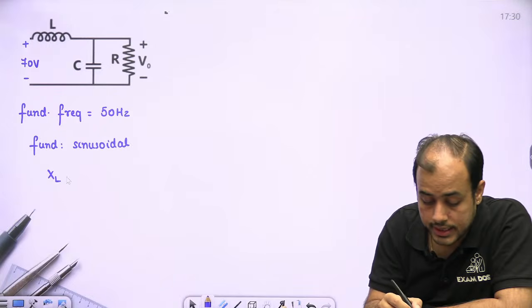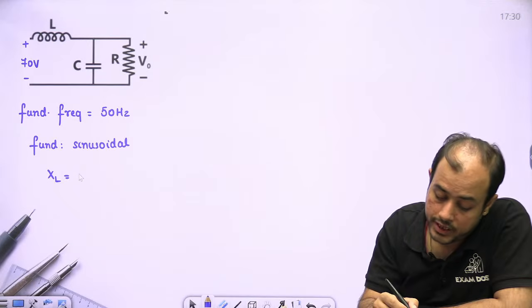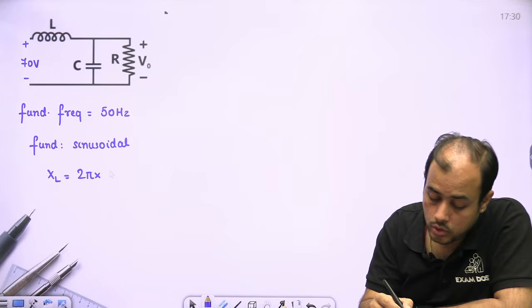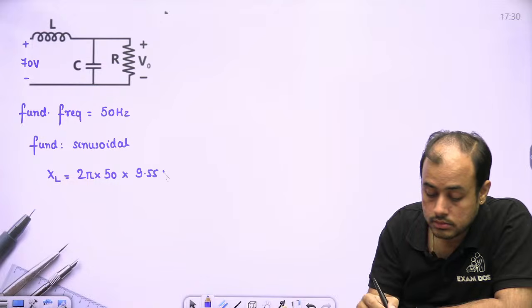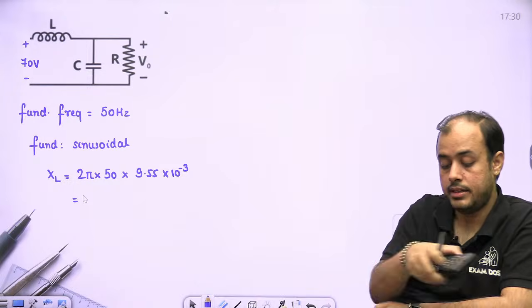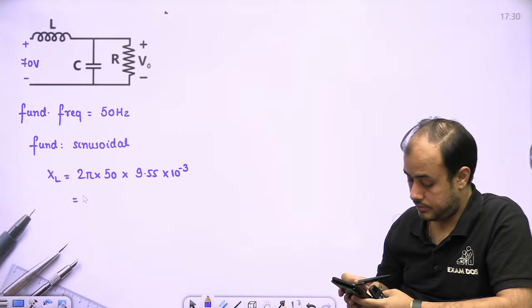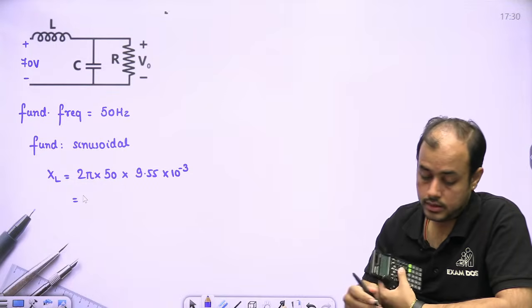So what is the inductor reactance? Inductor is 9.55, so omega L, 100 pi, three ohm.